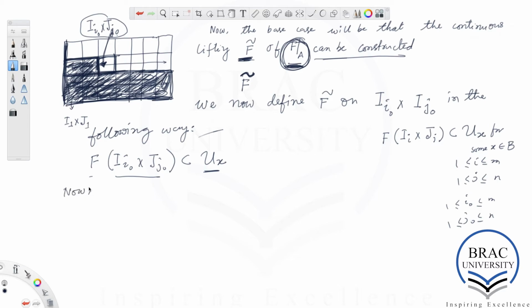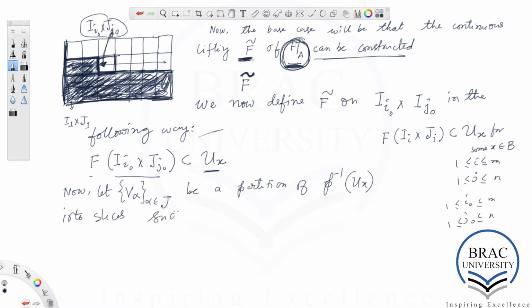Now let V alpha, as alpha runs in the index set J, be a partition of the inverse image of U sub X under P into slices, such that P restricted to each of these open sets of the covering space E, from V alpha to U sub X, is a homeomorphism.